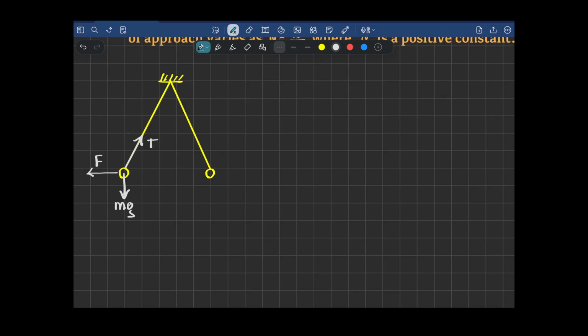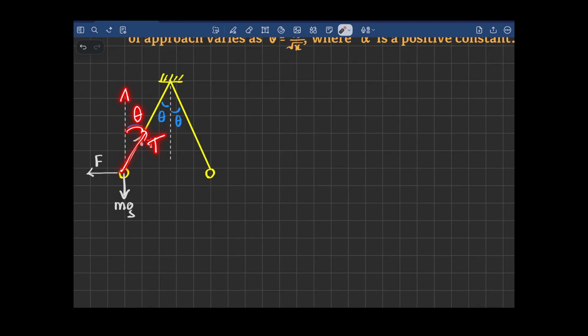So I am considering the half angle, the two threads make an angle with the vertical. Let's say this angle theta with the vertical. This angle I am taking as theta each. By symmetry, I can say both will be the same angle, and I am assuming that angle to be theta. So in that case, this angle will also be theta. So I can see this is tension T, this angle is theta.